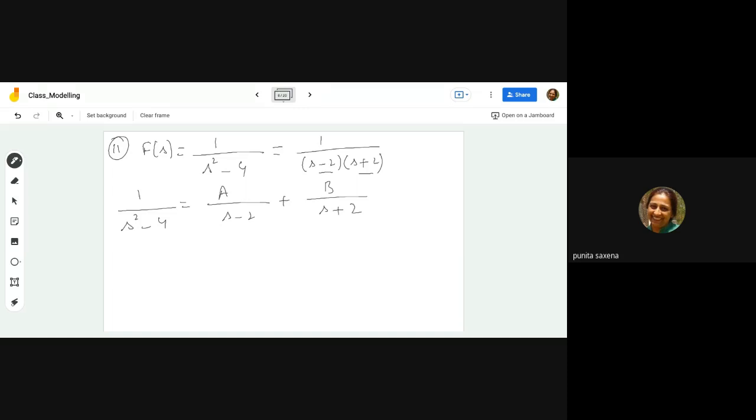Ma'am, 1 by 4 and minus 1 by 4. So your A is 1 by 4 and B is minus 1 by 4. That means this is like 1 upon 4 into (1 upon s minus 2 minus 1 upon s plus 2).